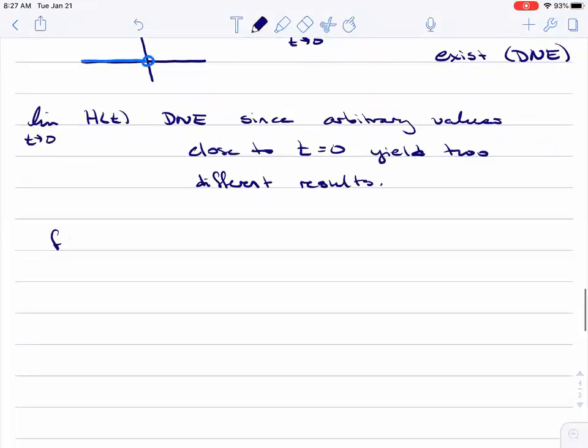Another function that we could consider, that we're not going to look at too closely quite yet, is f of x equals the sine of pi over x.